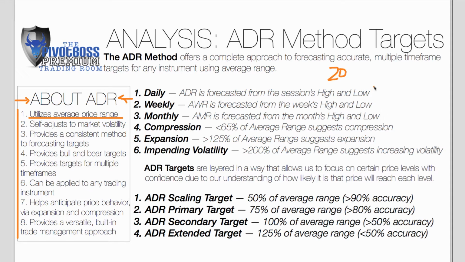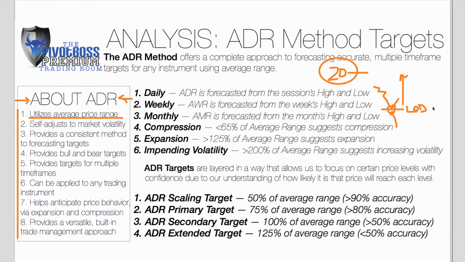If price comes down and there's the low of the day and starts to move up, and I was pretty confident that was likely the low of the day, then I could forecast from this low percentages of that average range, and from there I would know how likely it is to go in my favor.